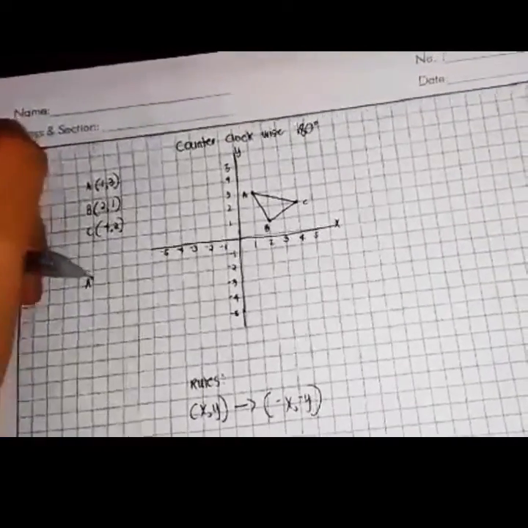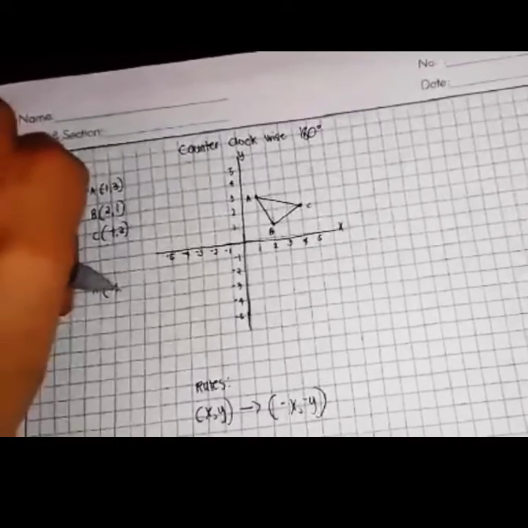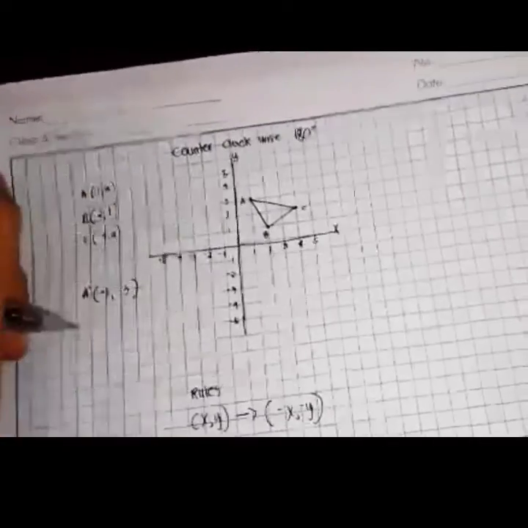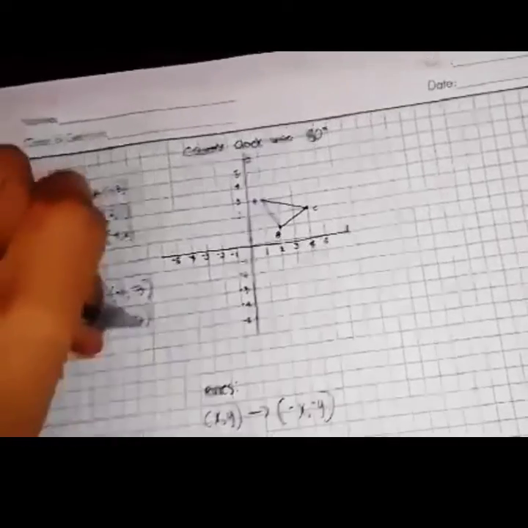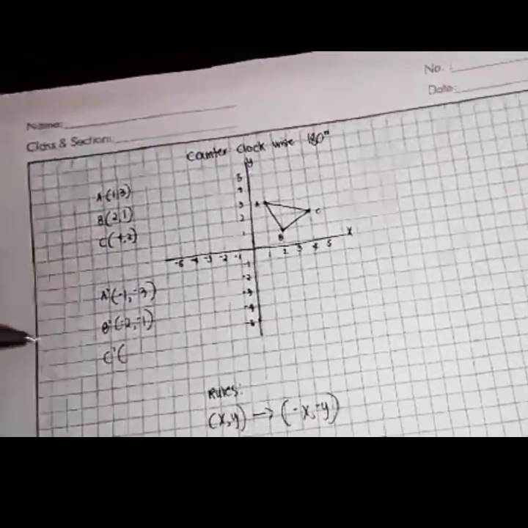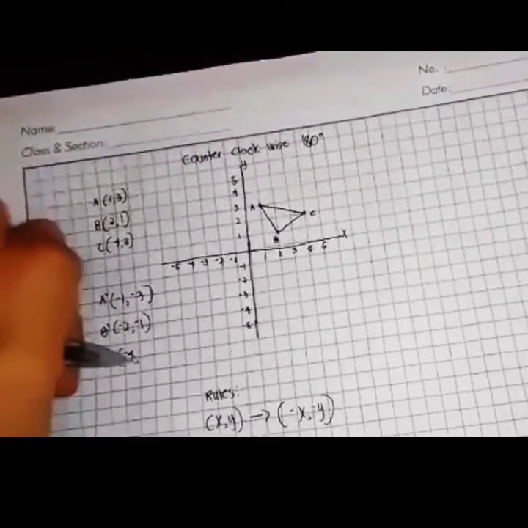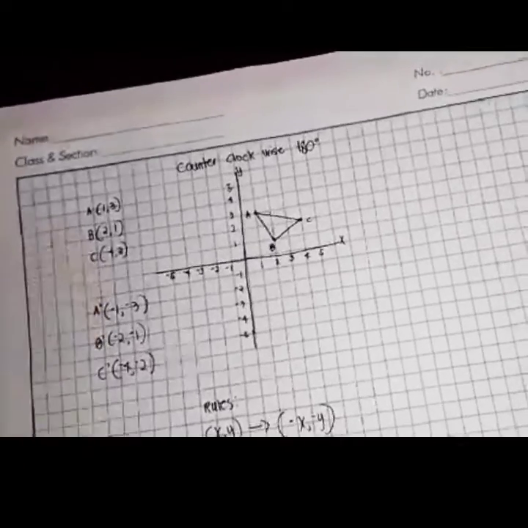So the A prime is negative 1 and negative 3. The B prime is negative 2 and negative 1. The C prime is negative 4 and negative 2.